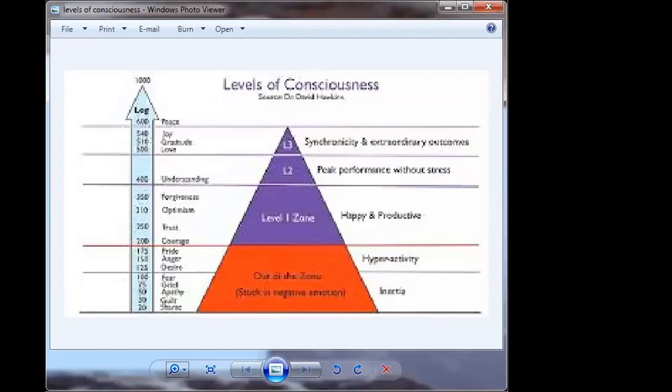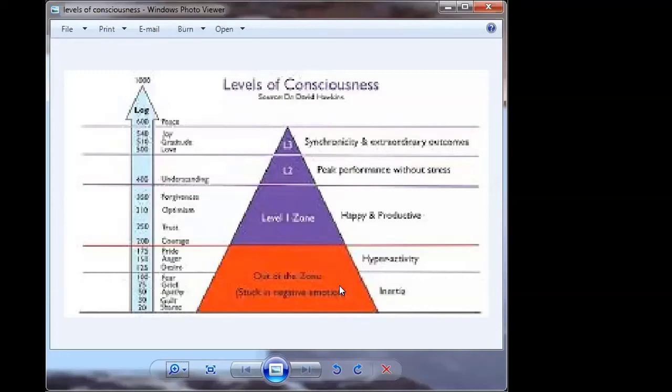So all of these things below 200 here in the red zone, or I'm colorblind, so I don't know, red, orange. Yeah, it's red. In that area, life is a reaction, right? You're not really making choices, you're simply reacting. You didn't choose to be angry, you just are. You didn't choose to be afraid, you just are.